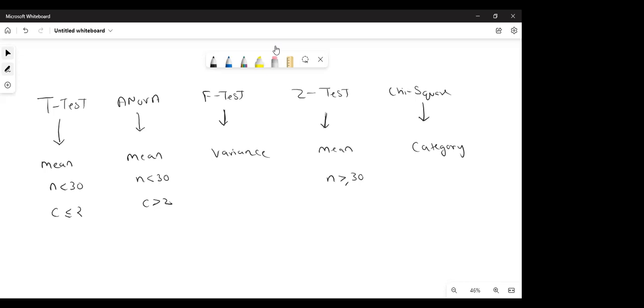Study and come, whatever doubts you have, write and come. Tomorrow we'll do a discussion. Sir, will you repeat again once, please? I'm saying, study and come. The t-test, ANOVA, f-test, z-test, chi-square, probability, everything in Python. And whatever doubts you have, write and come. Tomorrow I'll solve your doubts.